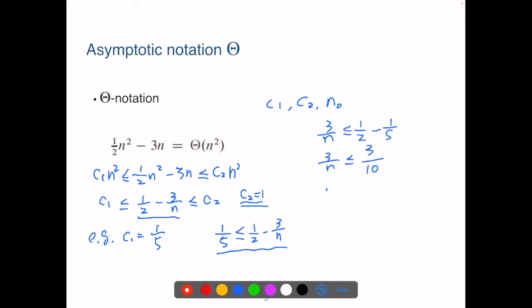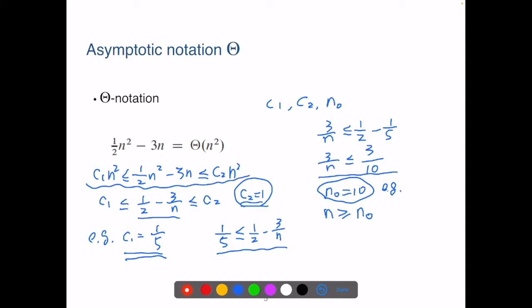Okay, so if we choose N0 as 10, for instance, then when n is greater than or equal to N0, this will hold. So now we have found a set of example factors. We could choose C1 as 1 over 5, C2 as 1, and N0 as 10. And that will give us this inequality. Okay, so here is how we can prove this.